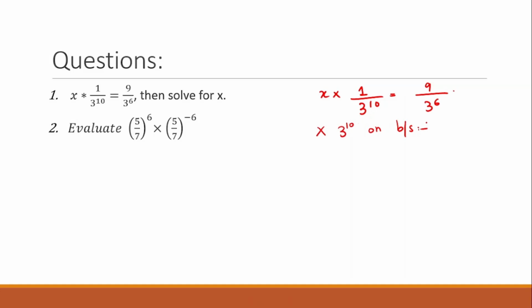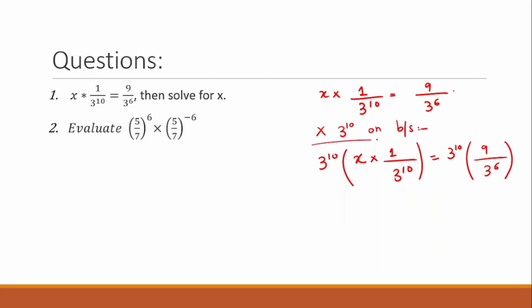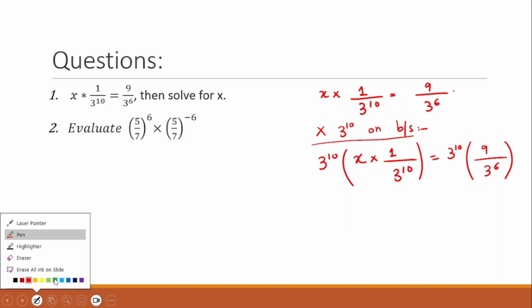You will see that this 3 to the power 10 will be cancelled like this. So x equals 3 to the power 10 multiplied by 9 divided by 3 to the power 6. I have multiplied 3 to the power 10 on both sides.